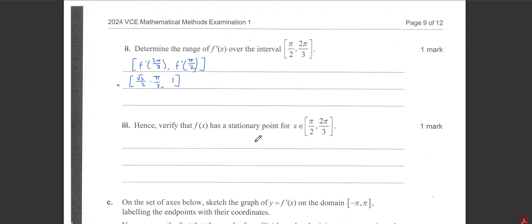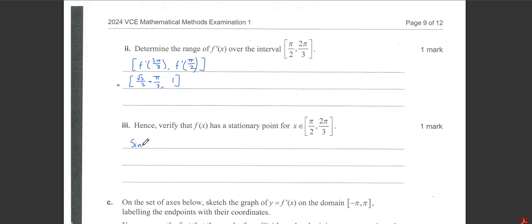Hence verify that f of x has a stationary point in this range. Okay. So all we have to do here is realize that since sine of pi on 3 wasn't the stationary point, that means that this value here, root 3 on 2 minus pi on 3, must be negative.